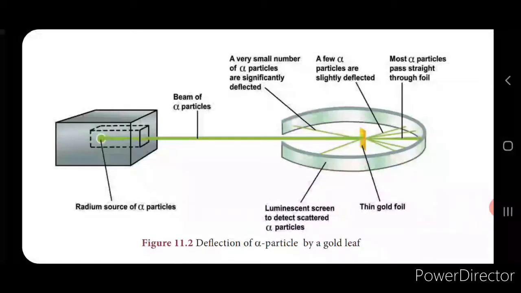Now, according to this model, the atom contains large empty space, and the positively charged particles accumulate at the center of the atom, which is called the nucleus. The size of the nucleus is very small compared to that of the atom because the nucleus is present inside the atom.